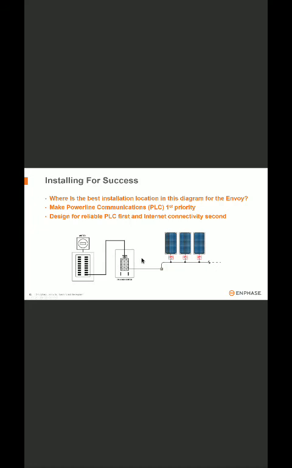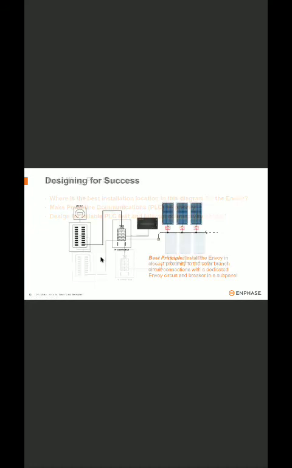If you have a PV load center and then you have your electrical here, this PV load center can have the Envoy here. So install the Envoy in the closest proximity to the solar branch circuit connection with a dedicated Envoy circuit and breaker in the sub panel. This scenario is going to be the best way to set up the most effective communication between the Envoy and the microinverter.